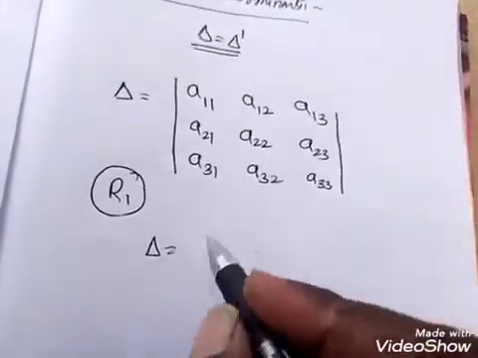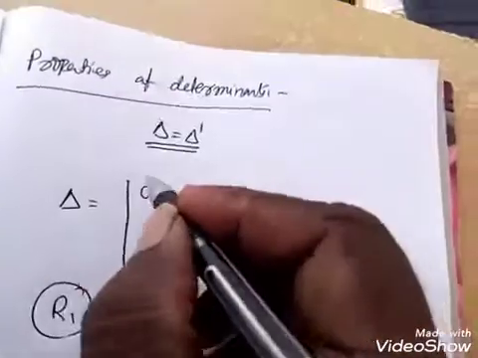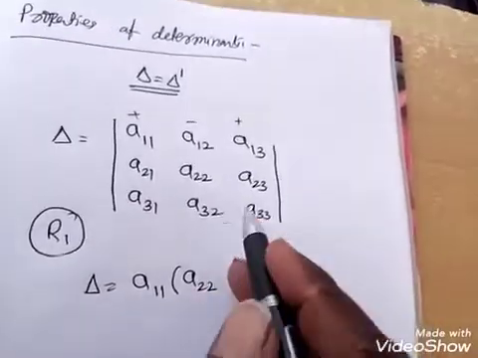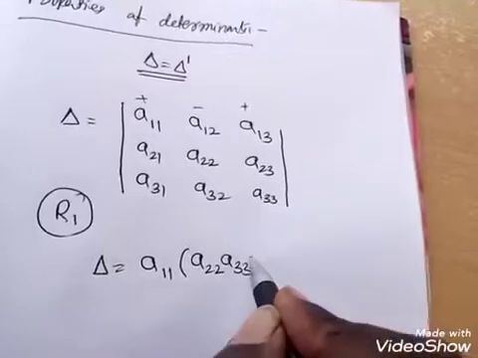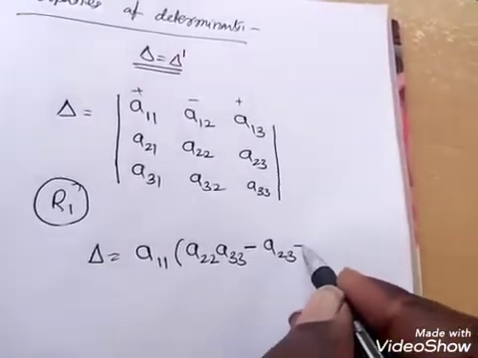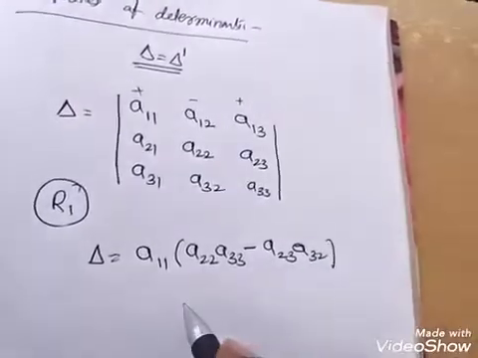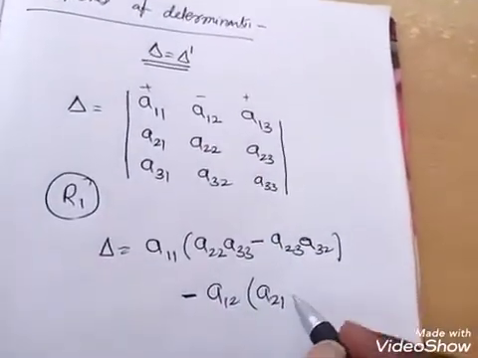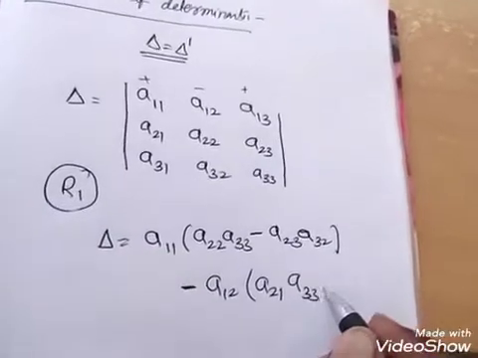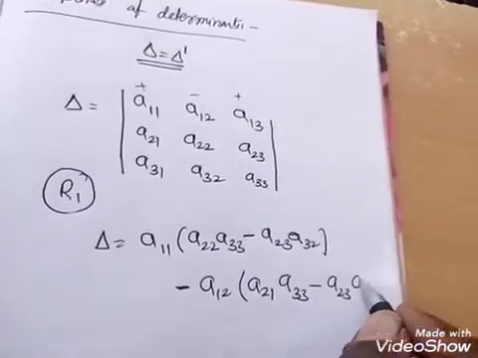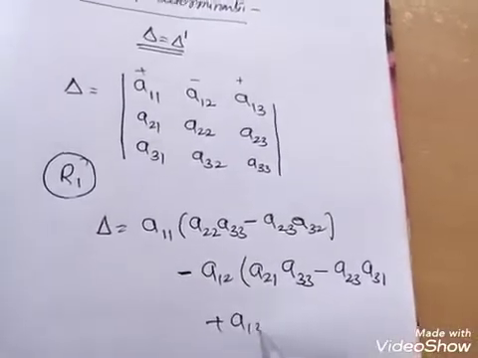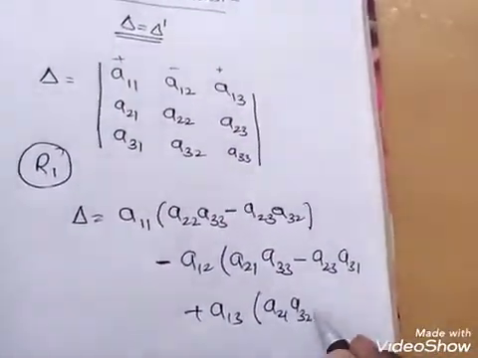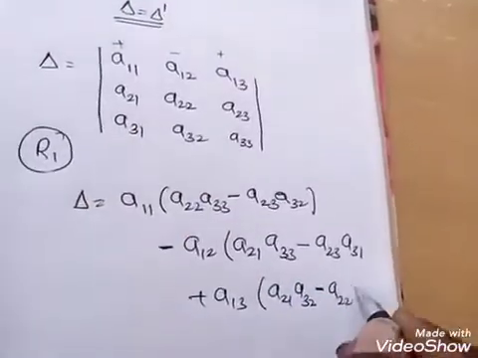Observe, delta is equal to A11 into, with signs plus minus plus as we discussed earlier, A22 A33 minus A23 into A32, minus A12 into, remove that row and column, A21 into A33 minus A23 into A31, plus A13 into, remove that row and column, A21 into A32 minus A22 into A31.